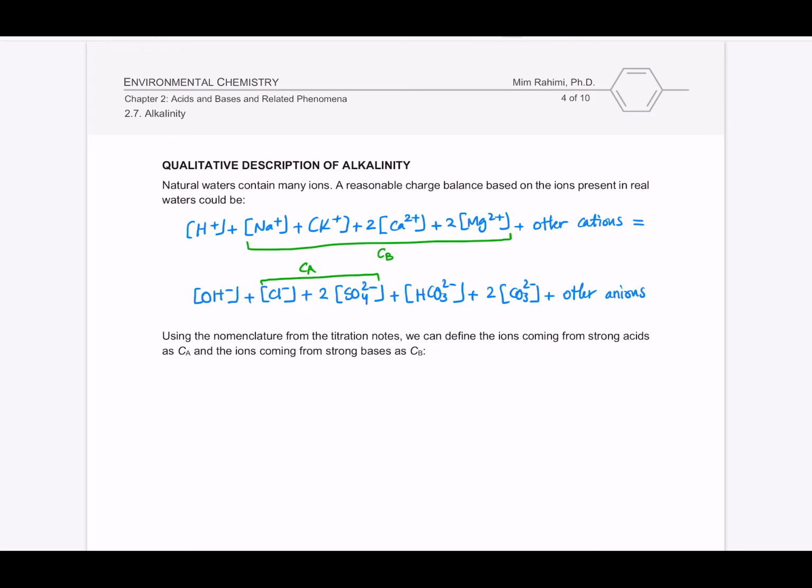So now we can rearrange the charge balance equation, so basically simplify it, also assuming there are no other cations or anions, because these are the major components. You might have some, let's say, lithium or some other ions, but these are basically the major ones. So then we can say H plus Cb is equal to OH minus plus Ca plus HCO3 minus plus 2 CO3 2 minus.